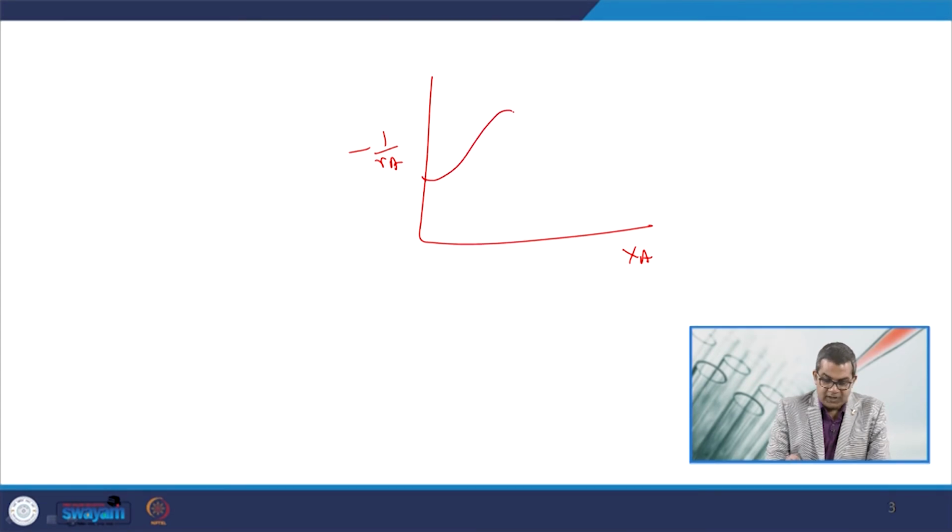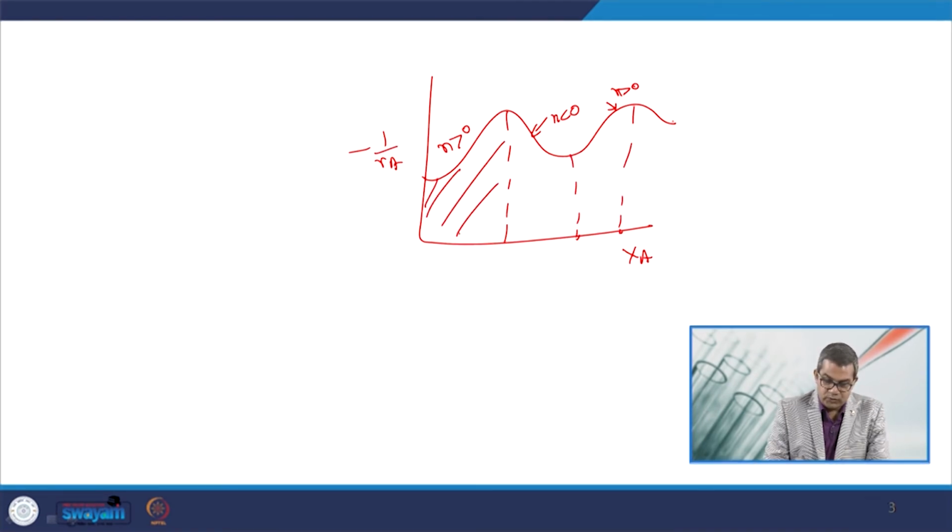You may have this type of curve where here n is greater than 0, here n is less than 0, and here n is greater than 0. So you have the maxima and minima, giving different zones.